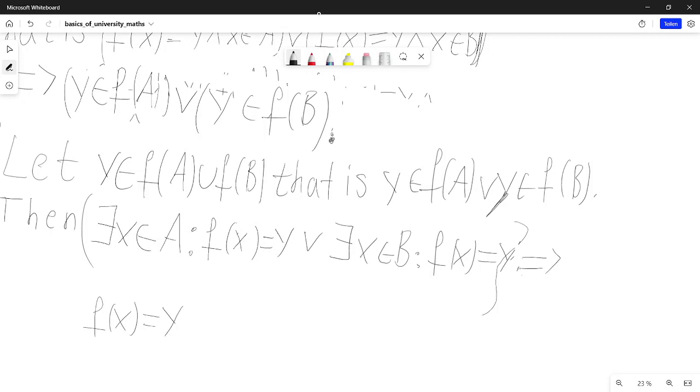f of x equal y, and here exists. Okay, let's state already this.